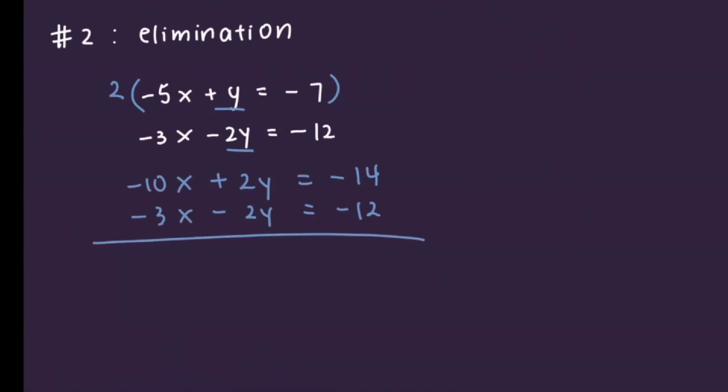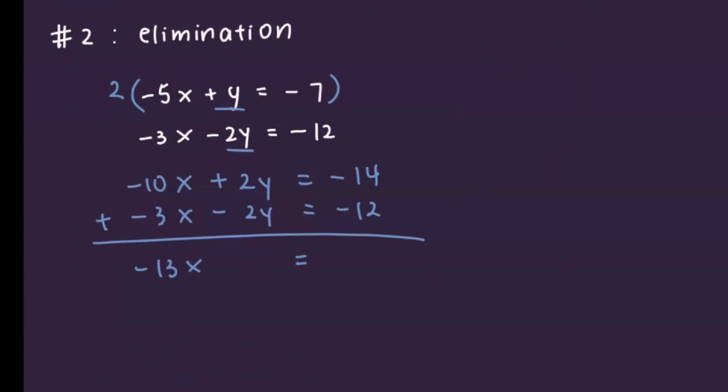To eliminate y, we can add the two equations. Negative 10x plus negative 3x is negative 13x. 2y plus negative 2y is 0.